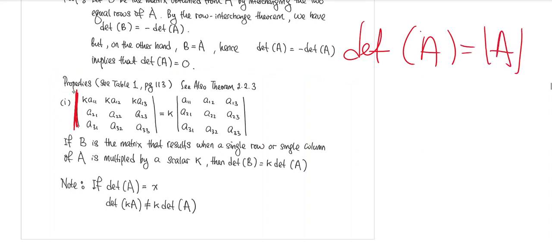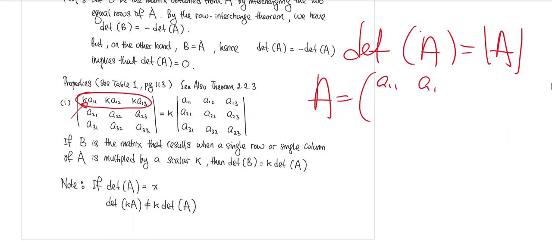So this property says that if you have a row which is multiplied, you basically took your first row of a matrix A. So you have matrix A with standard notations A11, A12, A13, A21, A22, A23, A31, A32, A33.